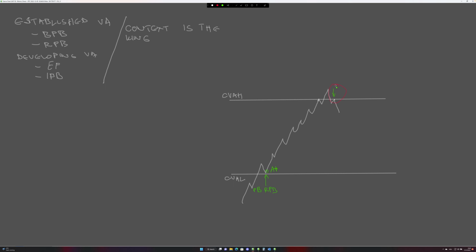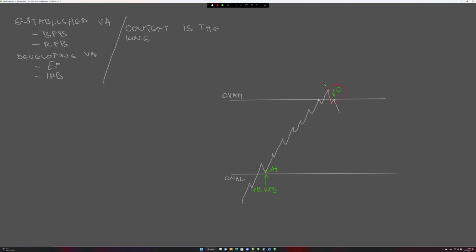So these setups could be B or C setups. Let's say from this perspective, this is a C play, a C setup, because the market is trending up, and this is possible, but it's not secure.